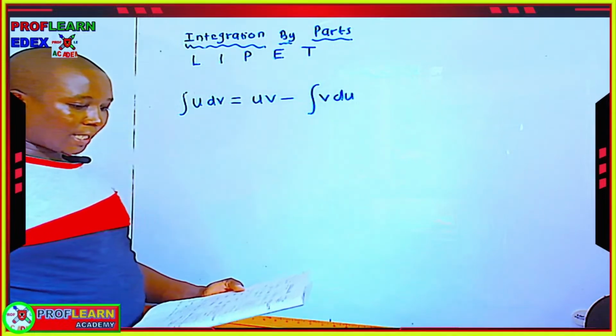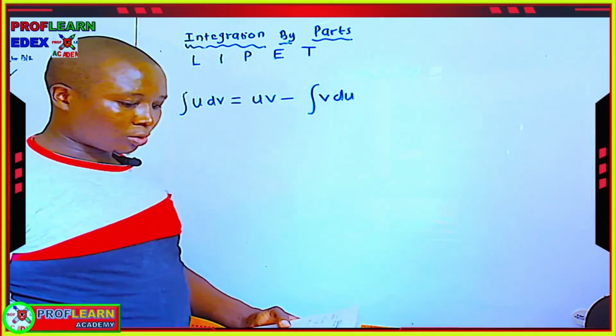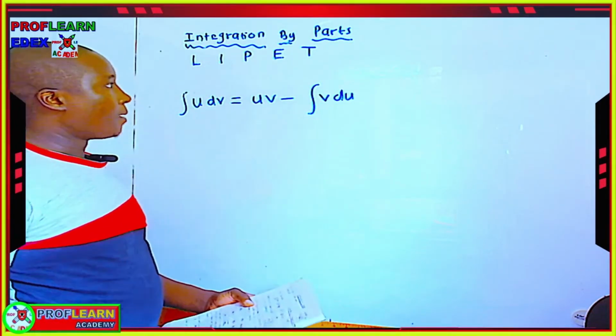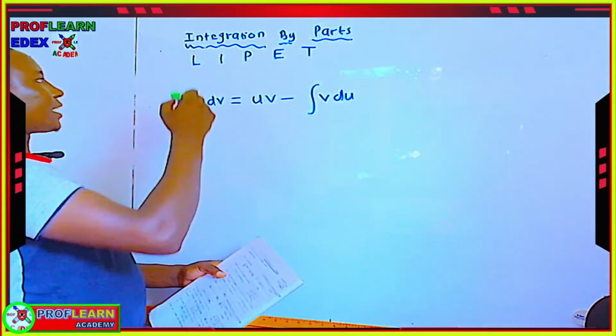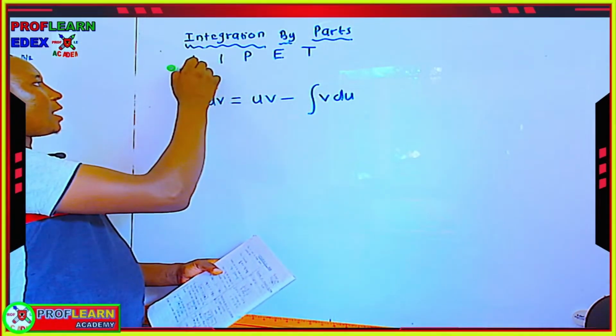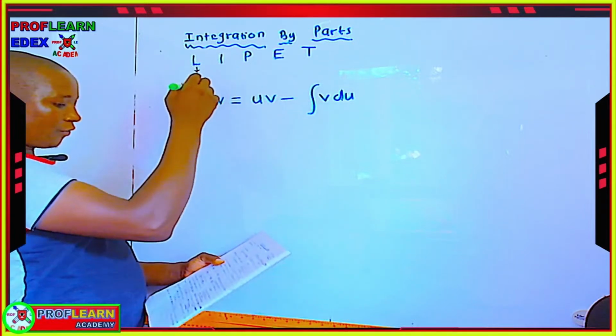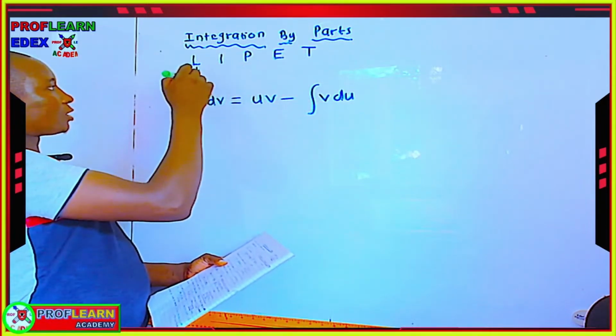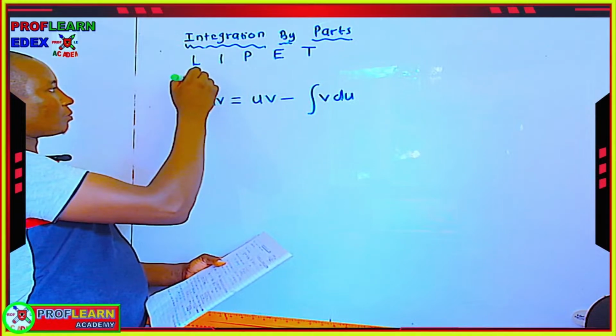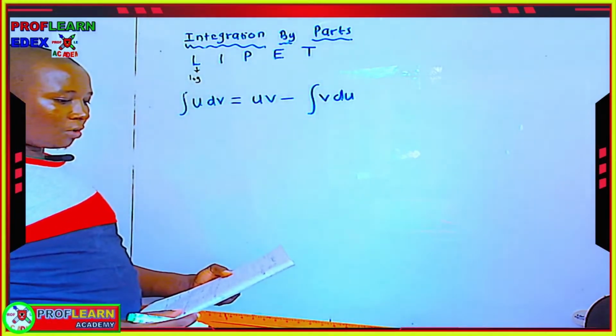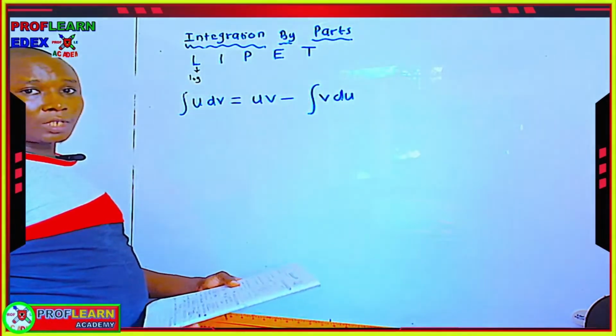So in order to know what your U is, we're going to use this acronym called LIPET. L stands for logs, which can be logarithms.